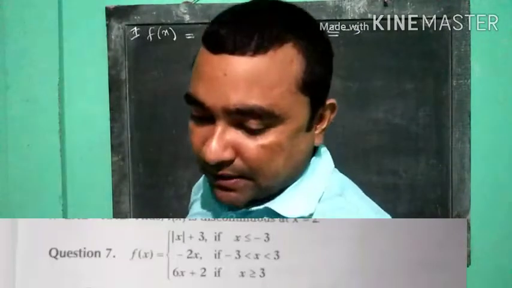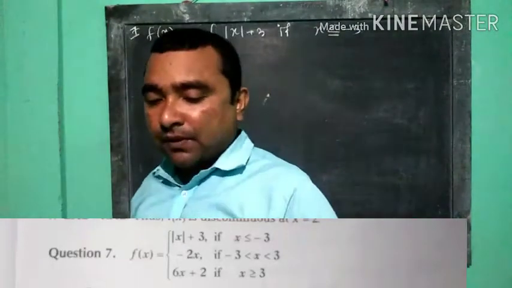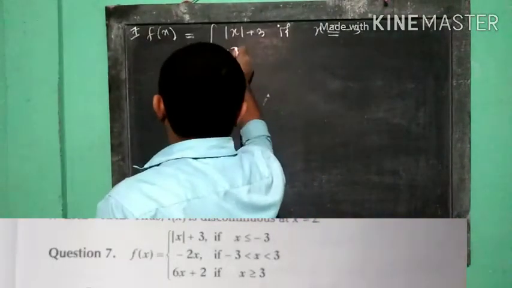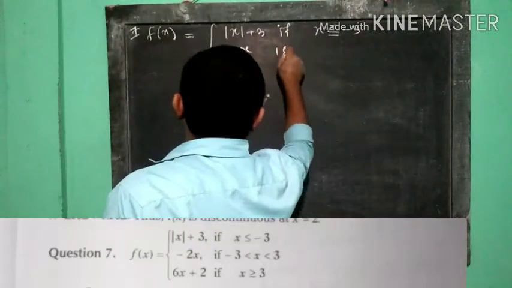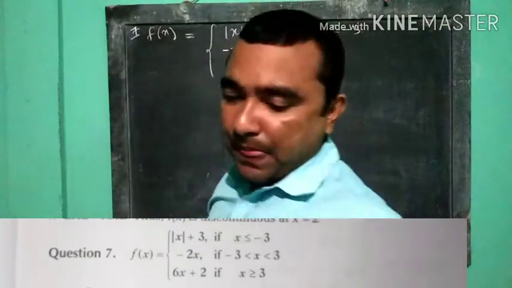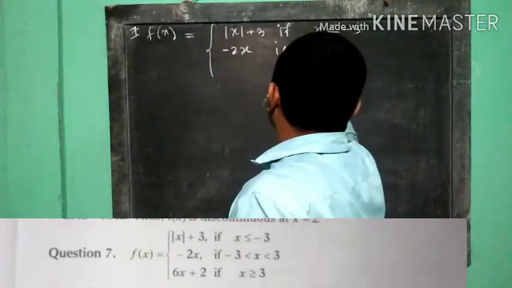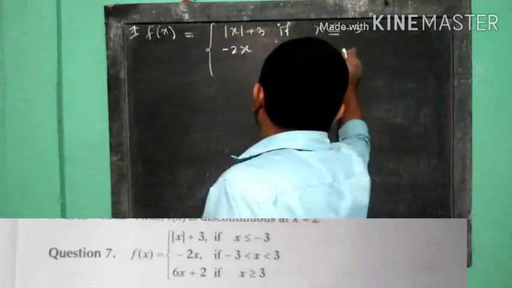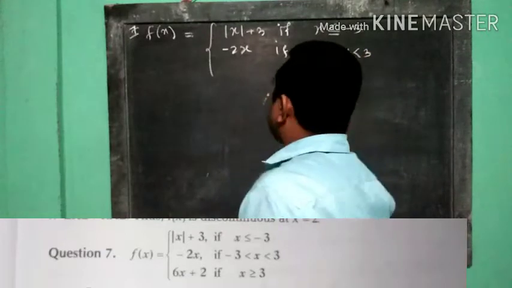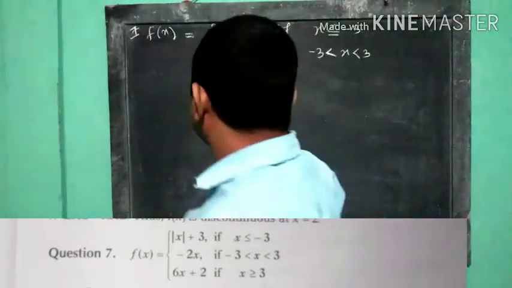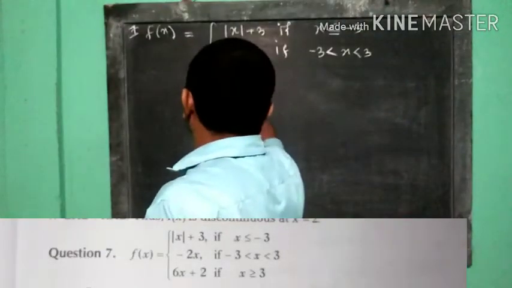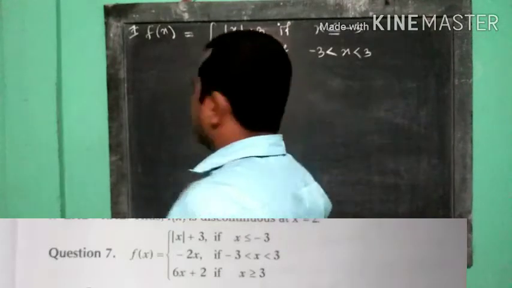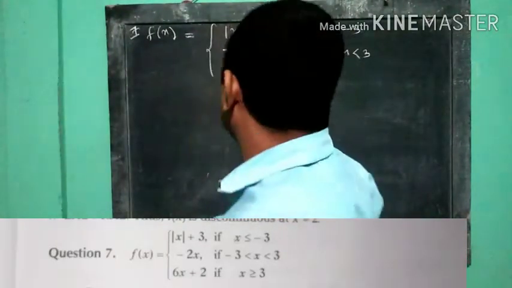The second condition is minus 2x, if minus 3 is less than x less than 3, and finally 6x plus 2, if x is greater than or equal to 3.